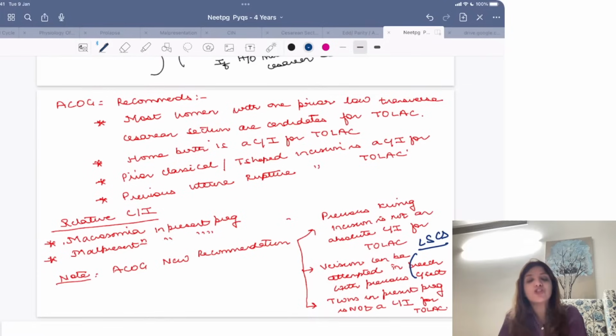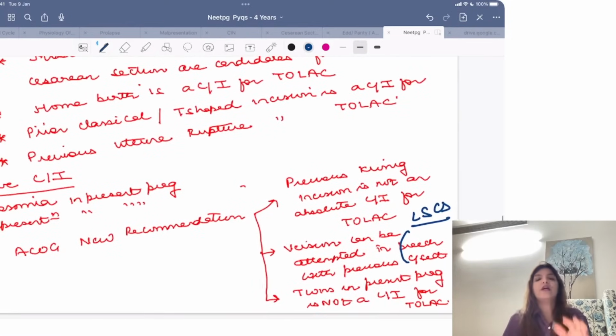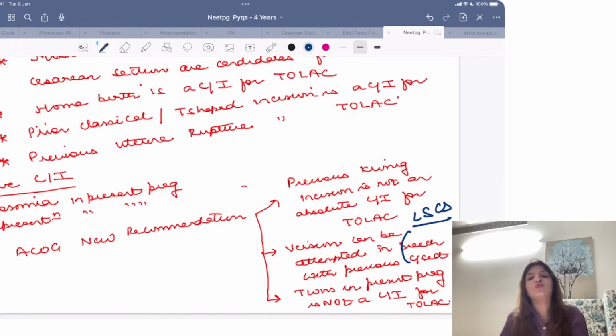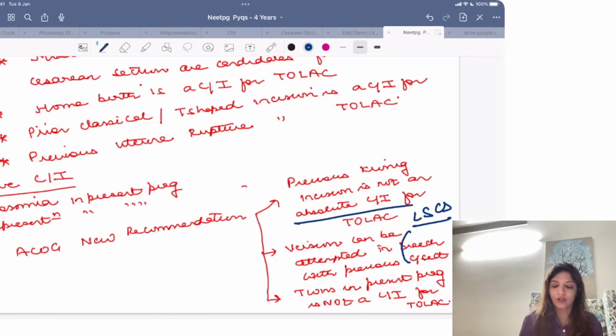Right? The other change which has come in ACOG guidelines, I told you yesterday, is that earlier it was said that if it is a chronic incision, then you have to do a cesarean section. So TOLAC or VBAC was contraindicated in chronic incision. Now the new ACOG recommendations are that chronic incision is not an absolute contraindication for TOLAC.